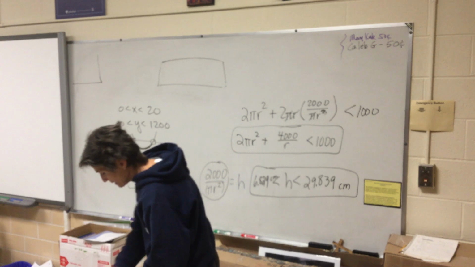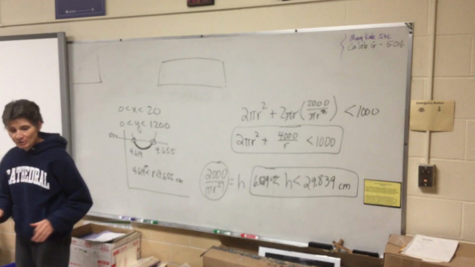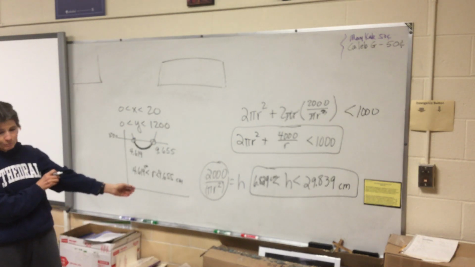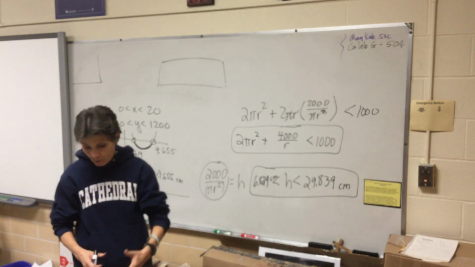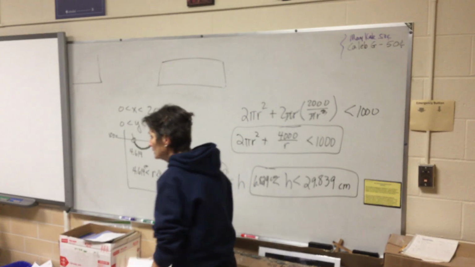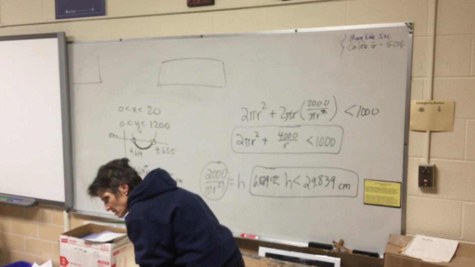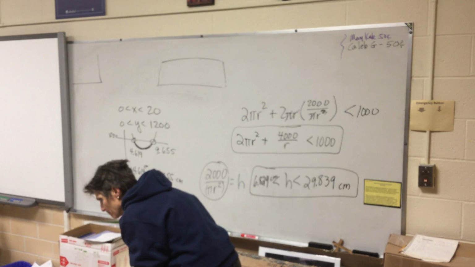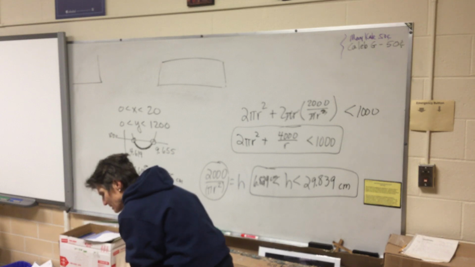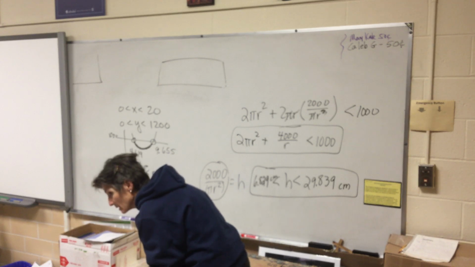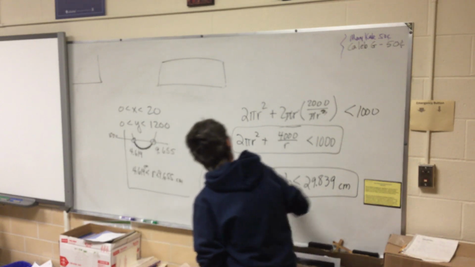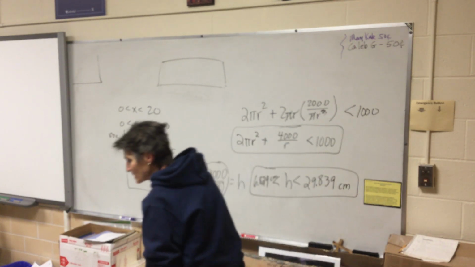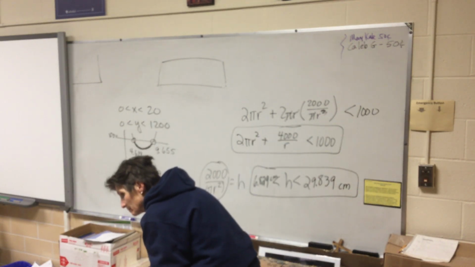Now, some of you are thinking, oh my gosh, why am I doing this? Kids, this is a really, really useful problem. Pretend you're the Coca-Cola company. You make a lot of cans, right? A lot. And so every bit of material that you can save would be a good thing. So minimizing the surface area would be great.